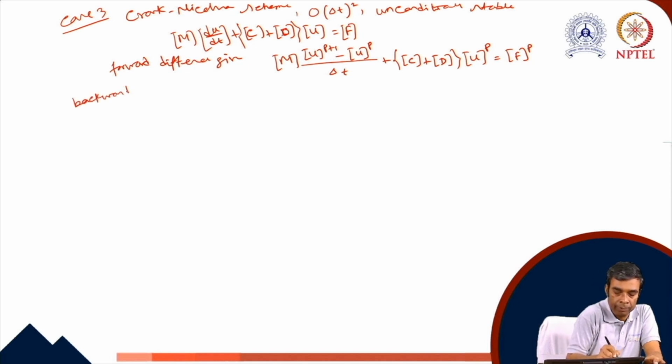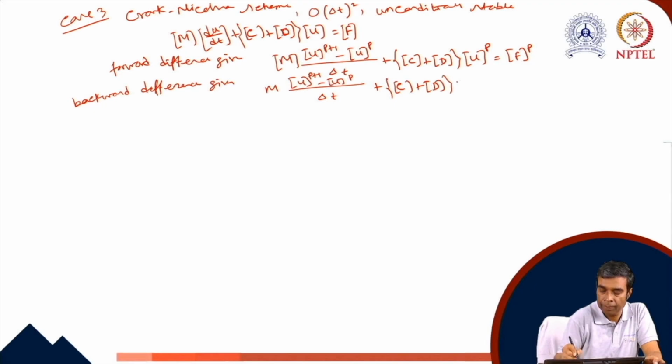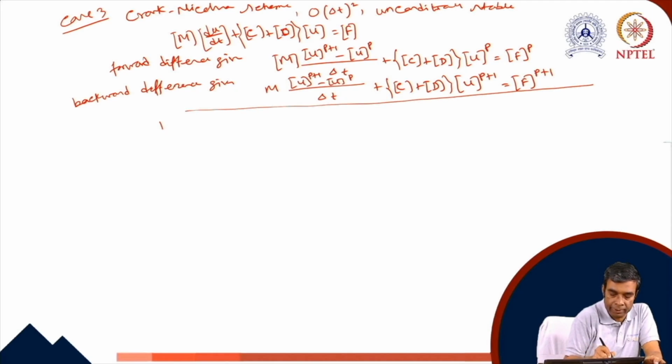Then the backward difference gives M into (u at the p plus 1th level minus u at the pth level) by delta t plus (C plus D) into u at the p plus 1th level equals F at the p plus 1th level. We take the average of these two expressions.